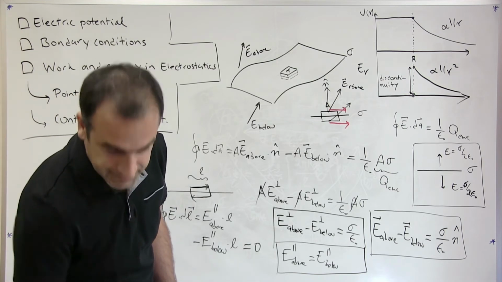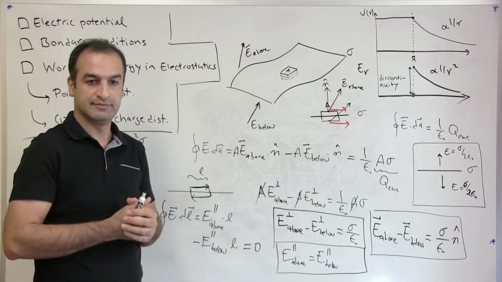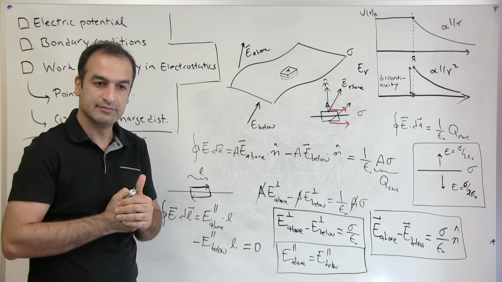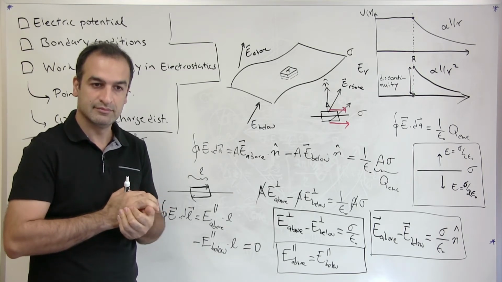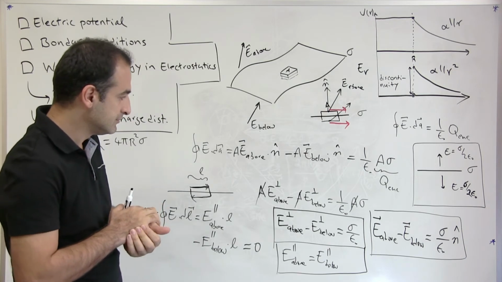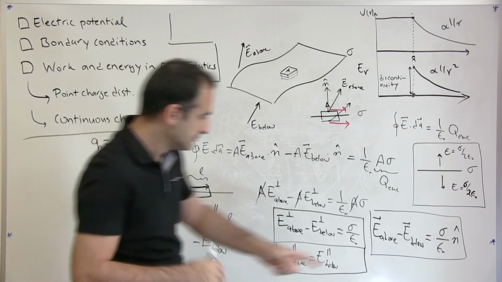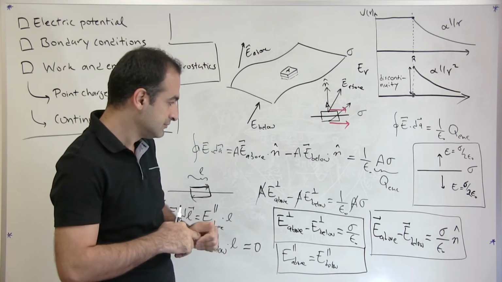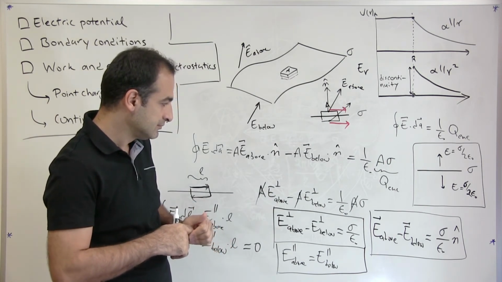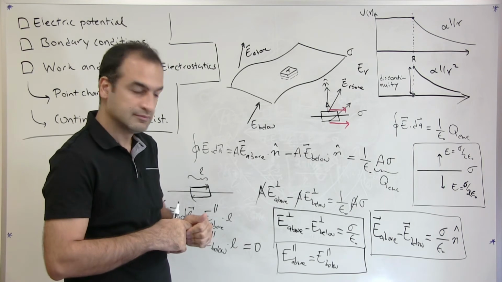Sounds good? Professor, for the part where E above minus E below is equal to sigma over epsilon naught, the E's in that don't represent the perpendicular or the parallels, do they?